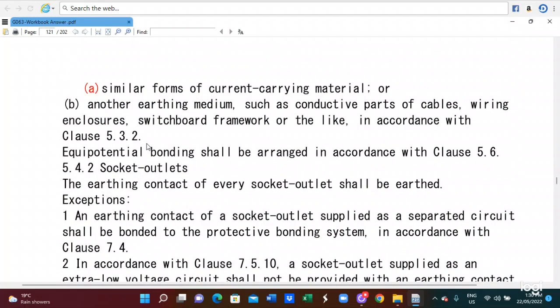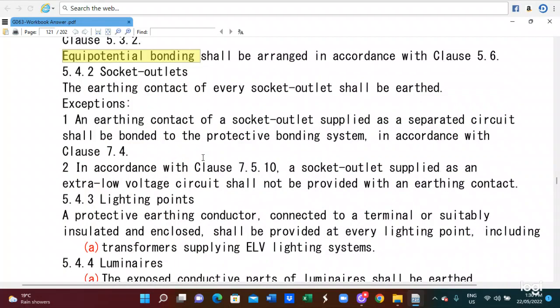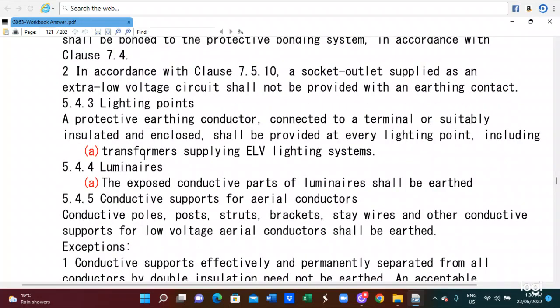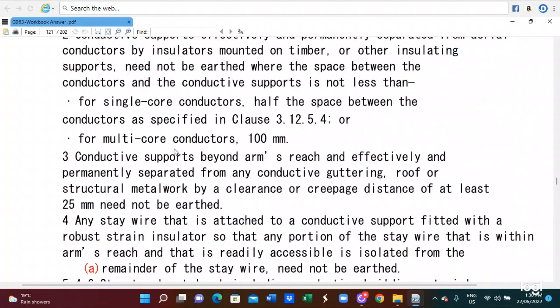And also clause 5.3.2 you have to read for the equipotential bonding system. So this is how the equipotential bonding transformer is connected; you can read it. 5.4.3 is a lighting point installation.